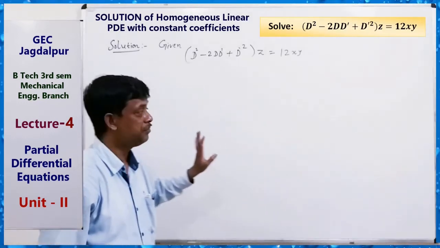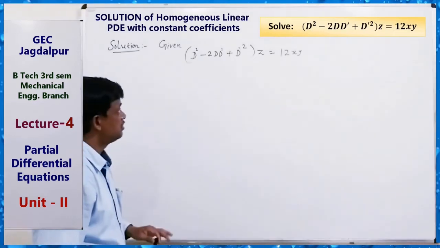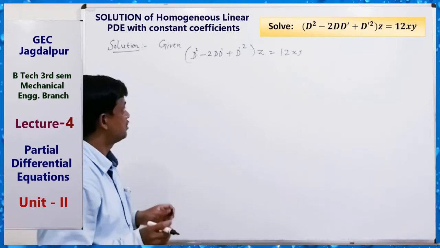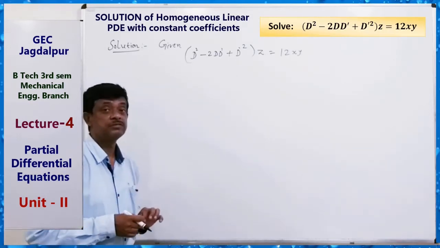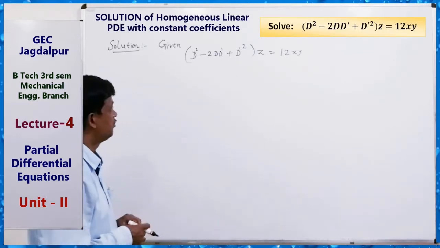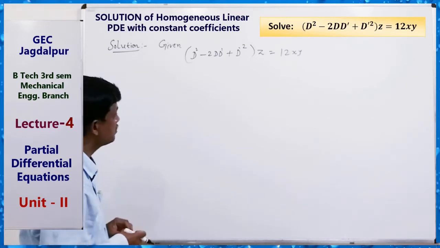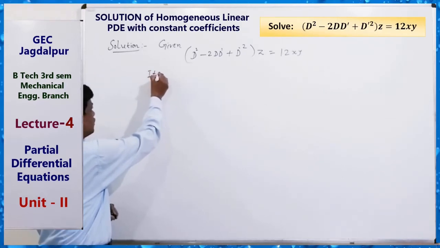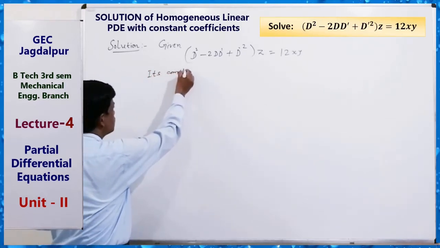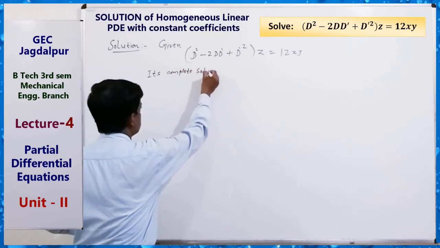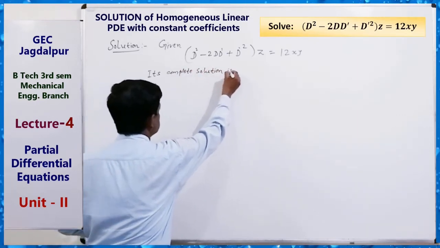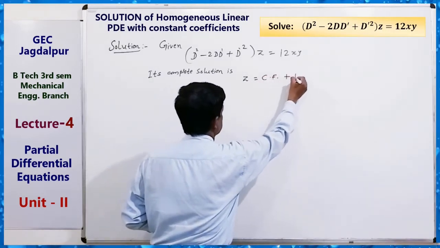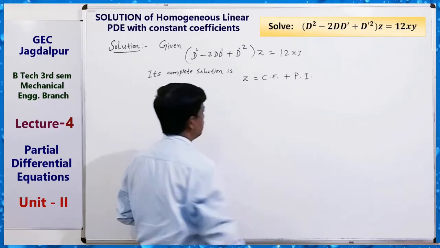So first of all, its complete solution is given by CF plus PI. So first of all we have to find CF. Its complete solution is z equals CF plus PI. Clear?